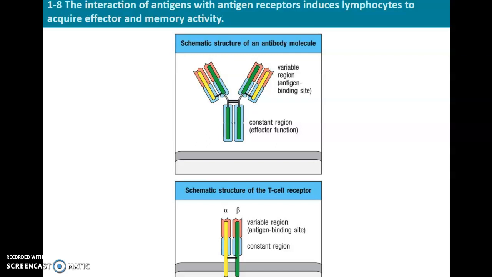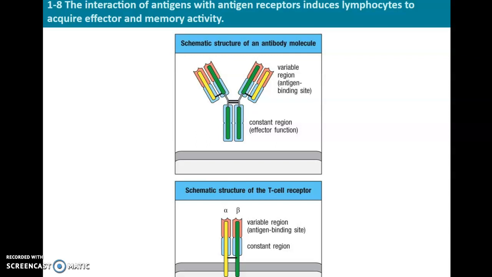And again, a variable region or antigen binding site that is unique. And we will talk about how that is produced in chapter 4. And then how they are going to do their mode of action, we're going to subsequently cover, like what is the cell signaling.